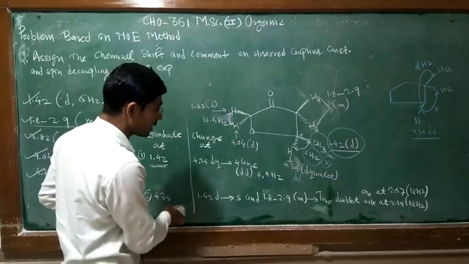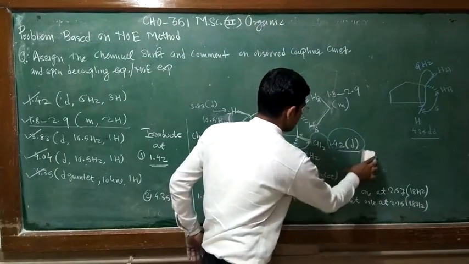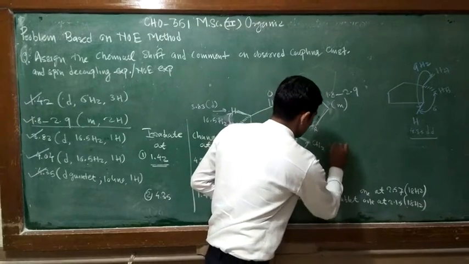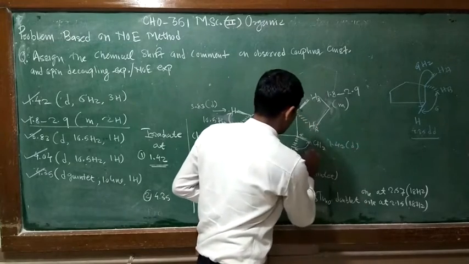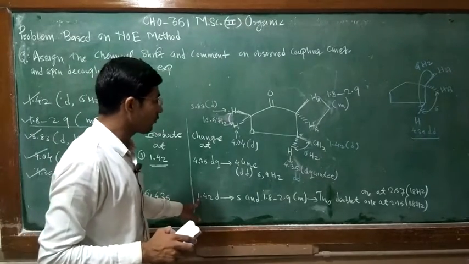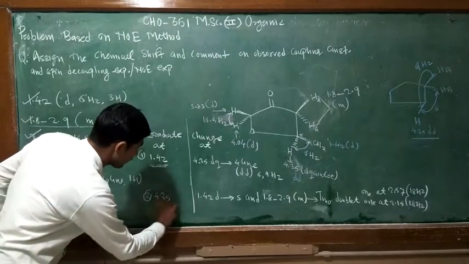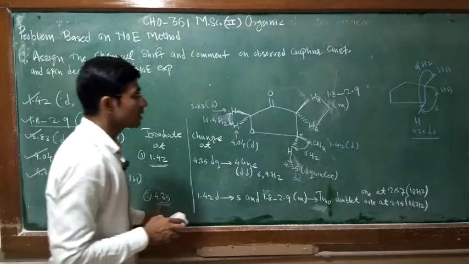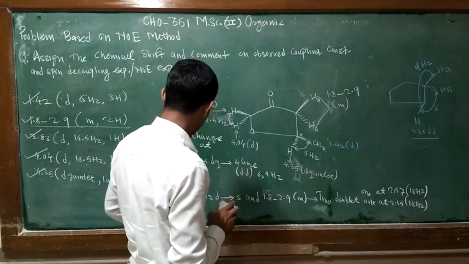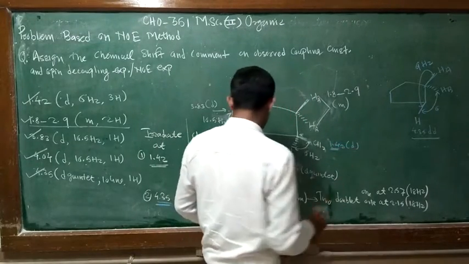Also the second irradiation, at 4.35. Means if we irradiate at the 4.35 delta, that time the signal at 1.42, the doublet, is changed into a singlet.